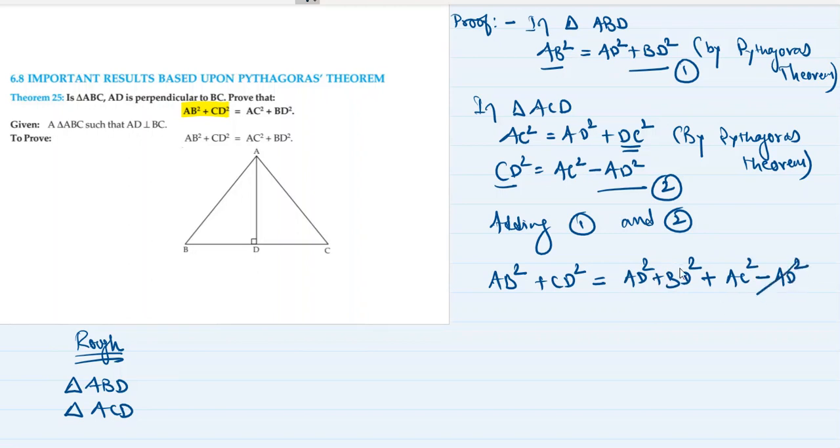So minus AD square plus AD square will cut, and we get AB square plus CD square is equal to BD square plus AC square. BD square plus AC square. Okay, so this is what we had to prove if you look over here. Hence, proved.